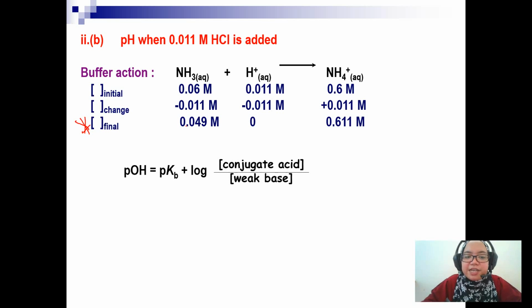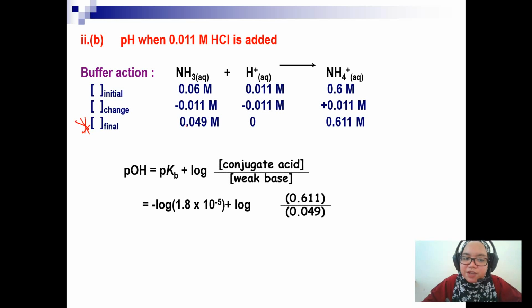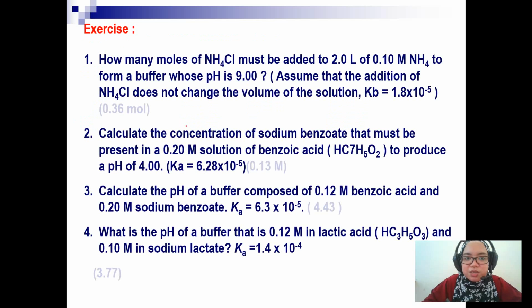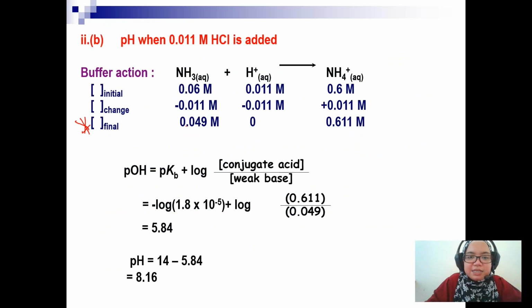So you can find the pOH, substitute the value that you got from the final concentration to get the pOH is equals to 5.84. But you need to find pH. So 14 minus pOH, you will get pH 8.16. So that is how you answer this kind of buffer solution guna ICF.